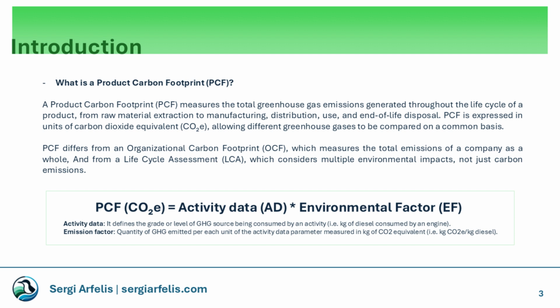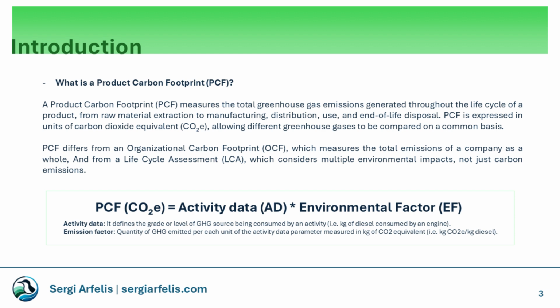It's important to understand that PCF is different from an organizational carbon footprint, which measures the total emissions of a company as a whole. PCF is also different from a life cycle assessment, or LCA, which considers multiple environmental impacts, not just carbon emissions. To calculate a PCF, we multiply the activity data, such as the amount of material or energy used, by the emission factor, which is the amount of greenhouse gas emitted per unit of activity.